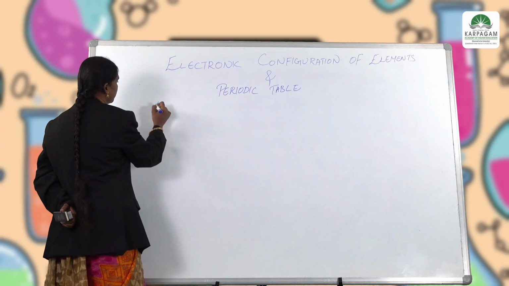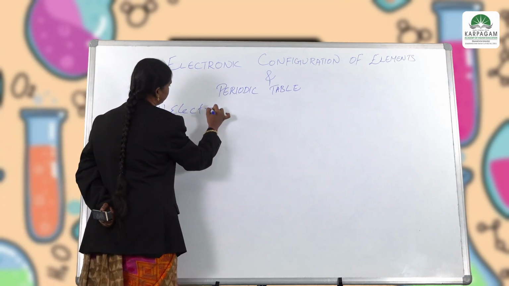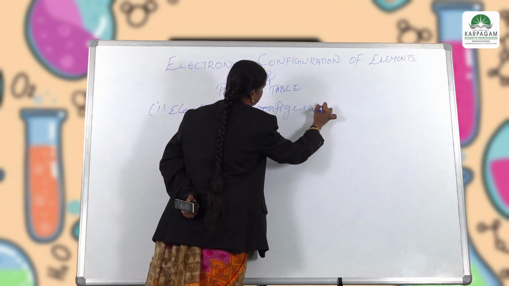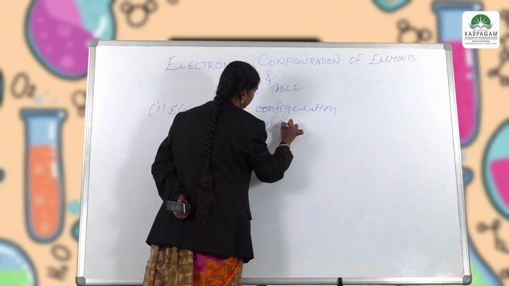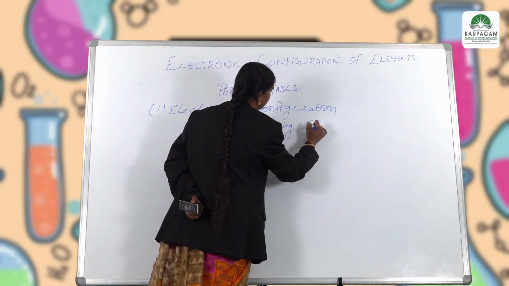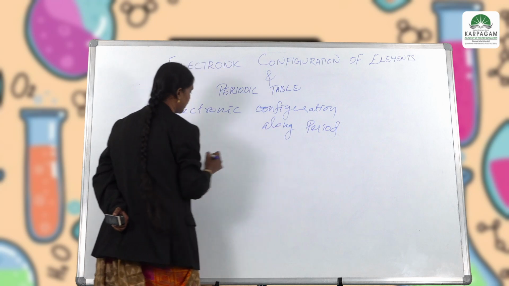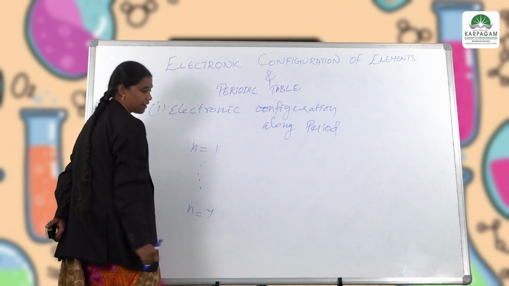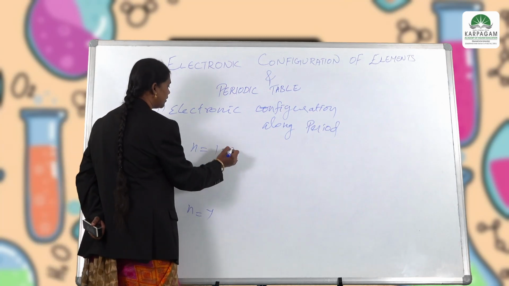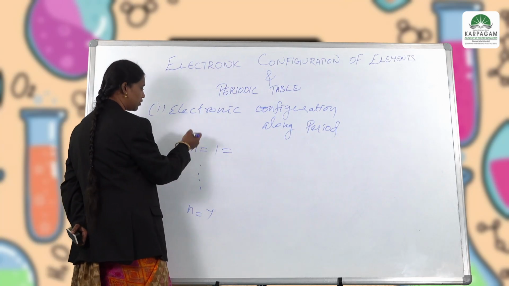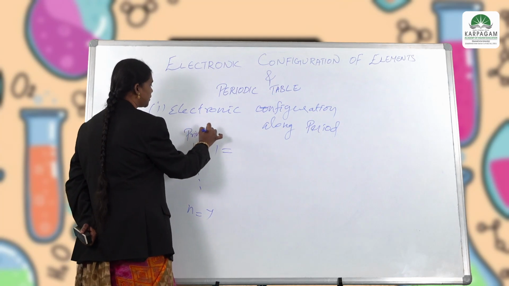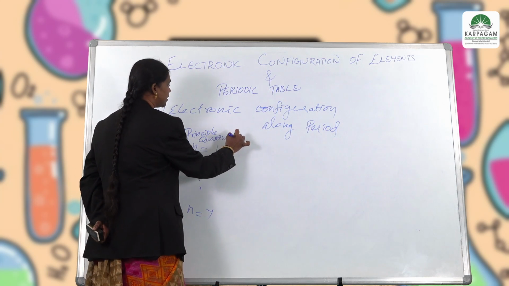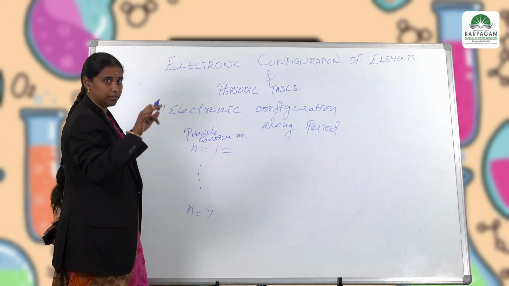So electronic configuration along period is up to n equal to 1 to n equal to 7. We already saw that n represents the principal quantum number, and this principal quantum number defines the filling of electrons in the main shells.